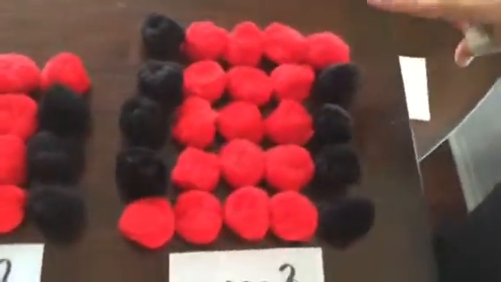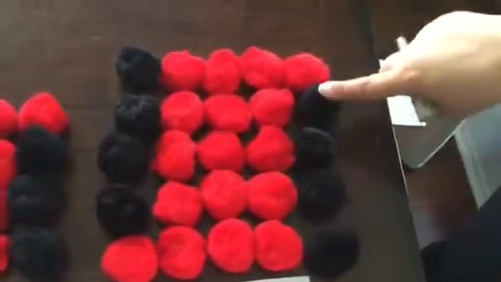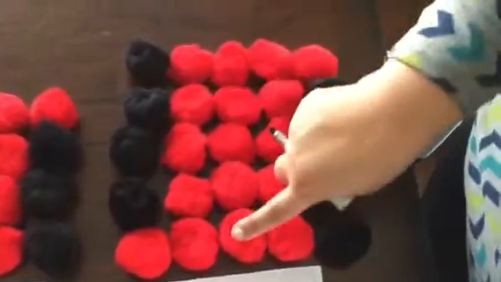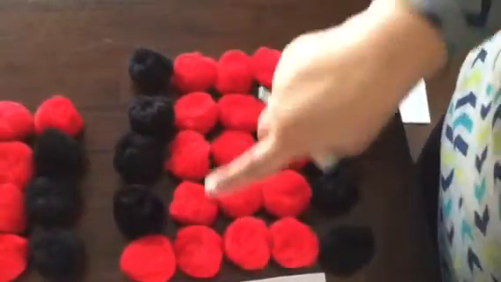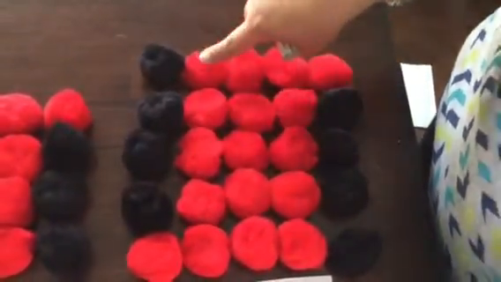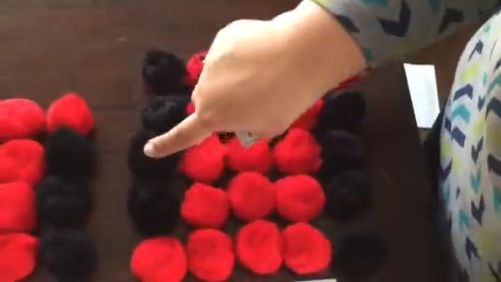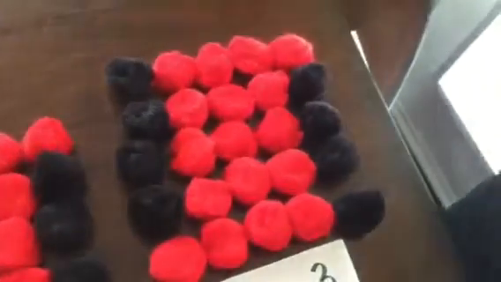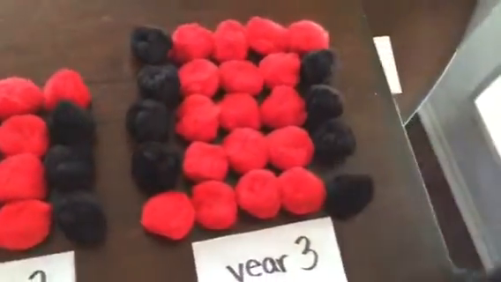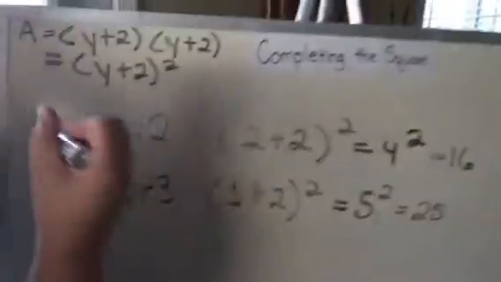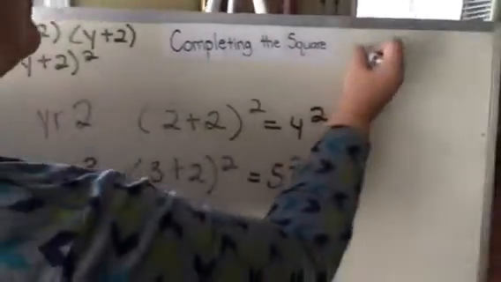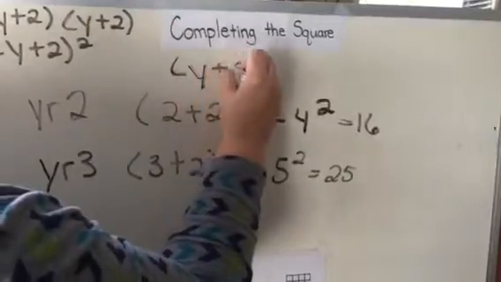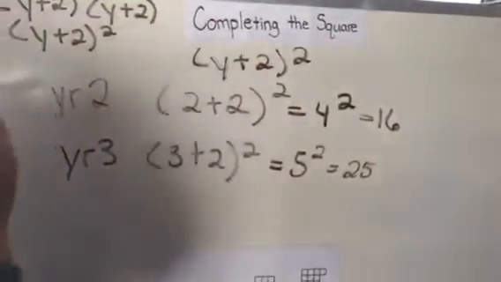Let's see if this is correct. 1, 2, 3, up to 25. Great. Now we have the first part of our equation. y plus 2 squared.